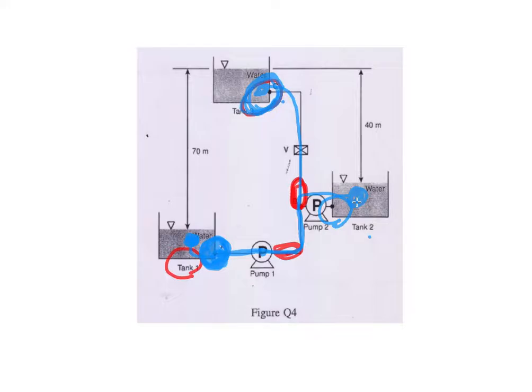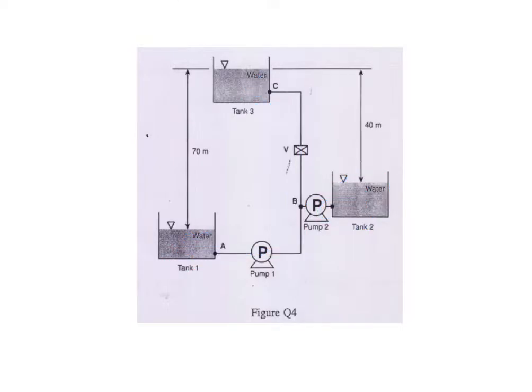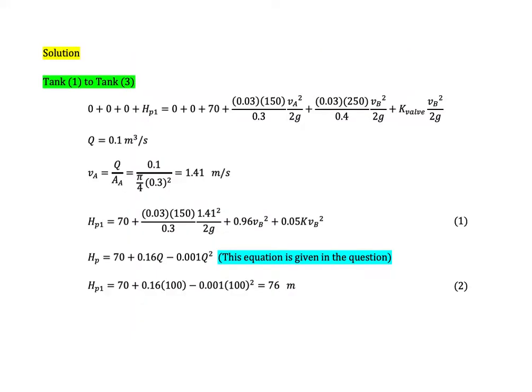So we cannot compare Bernoulli energy from tank number 1 with tank number 2, because the streamline does not exist from tank number 1 to tank number 2. So this is the basic idea to determine when you want to compare the energy by using the Bernoulli equation. So we compare tank number 1 and tank number 3.